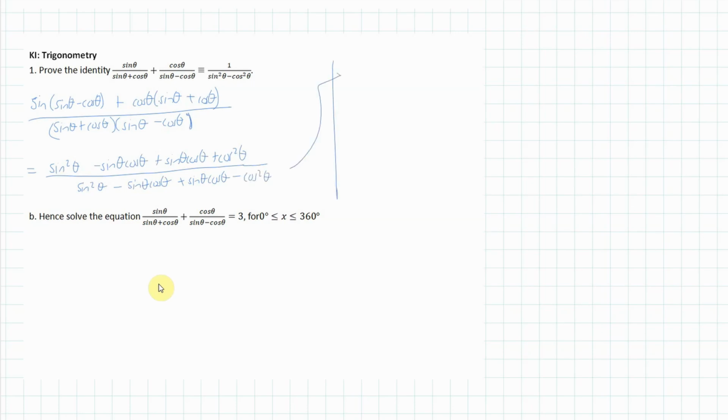Now at this point on the top you can see that this and this cancel out, on the bottom this and this cancel out, and we've got sin squared theta plus cos squared theta on the top, and on the bottom we've got sin squared theta minus cos squared theta. And so on the top we've got 1 because sin squared theta plus cos squared theta is 1. And then on the bottom we just leave it as sin squared theta minus cos squared theta.